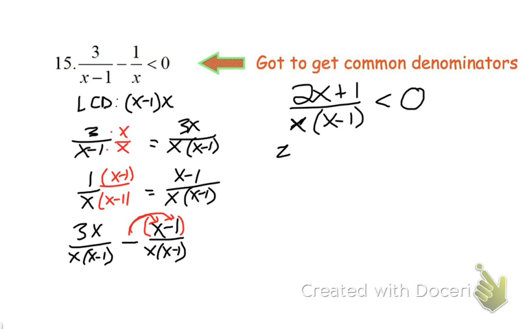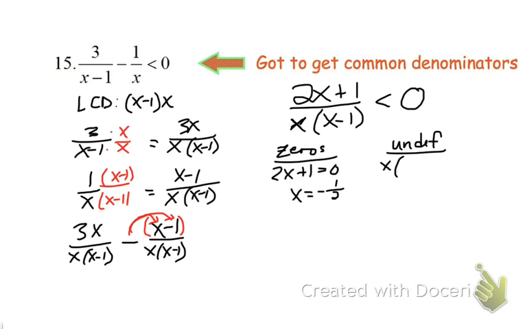So now solving for the zeros for our sign chart, we want the numerator equal to 0. We'll find that that's negative 1/2. And we'll solve for the values that make this expression undefined. That's the denominator equal to 0.